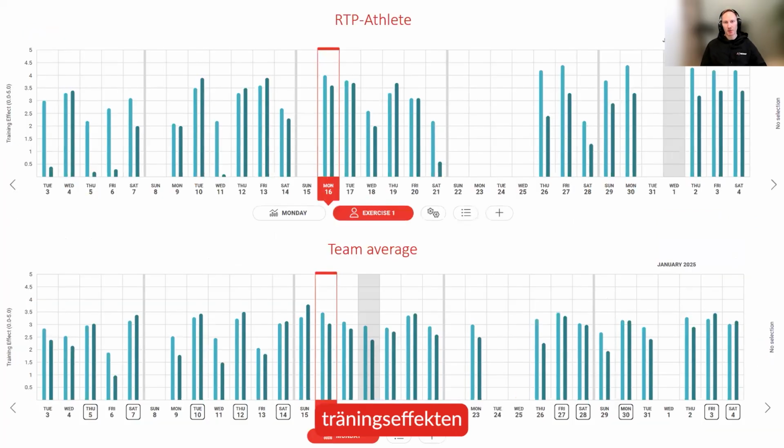Then we have a comparison of the training effects of the return to play athlete here at the top. And then we have the team average for the training effect underneath. And you can see that the return to play athlete was able to achieve quite similar training effects, although his training ability was decreased.